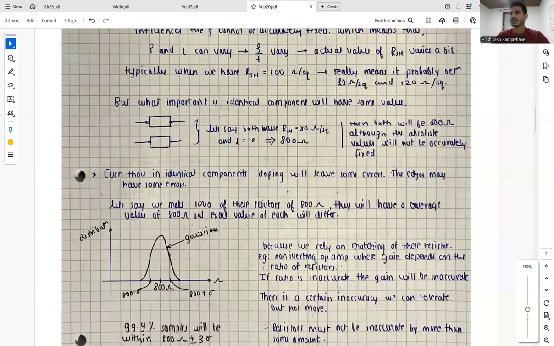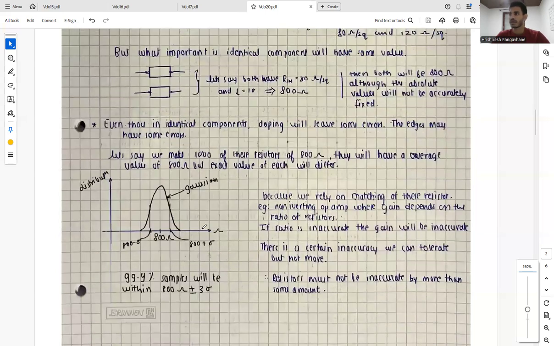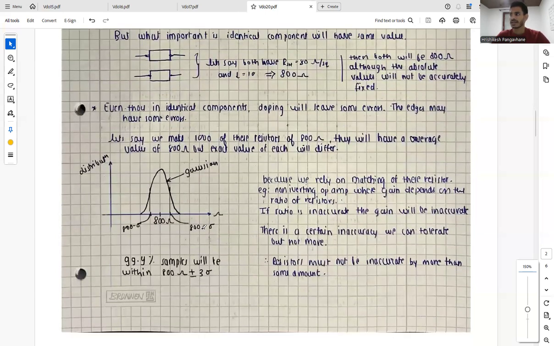We rely on matching of these resistors when we design our circuits. An example is a non-inverting op-amp, where the gain depends on the ratio of the resistors.